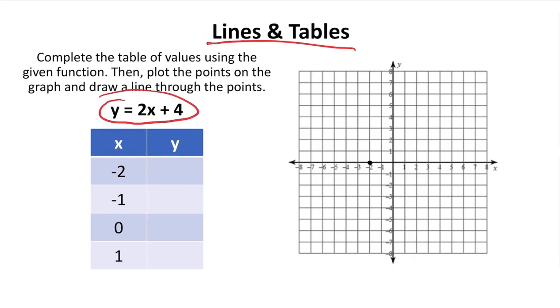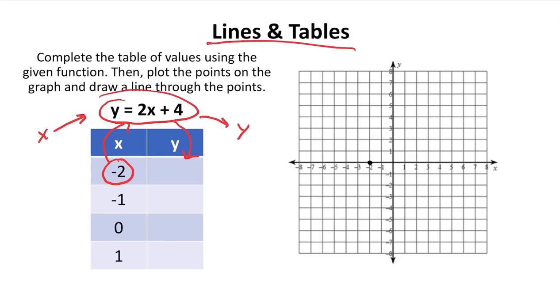You're going to see them all through high school and college. It means you take an x value, you plug it in, and it spits out a y value, okay? So we're going to take these x values, put them into our function, and it's going to give us what goes in the y.